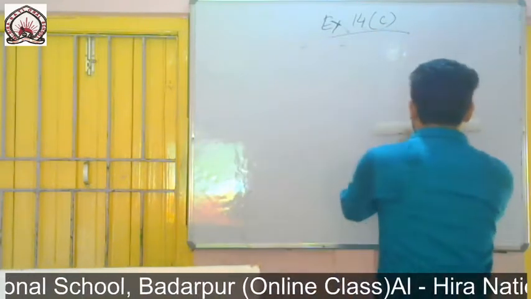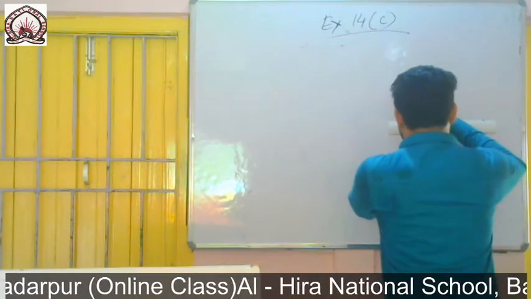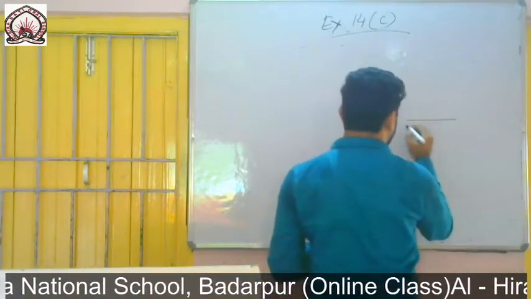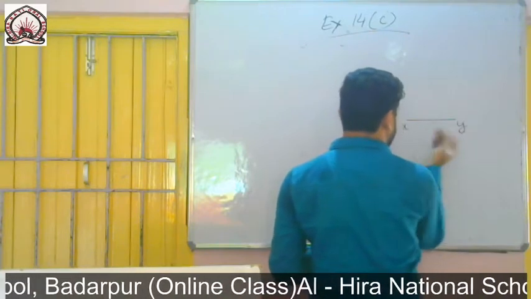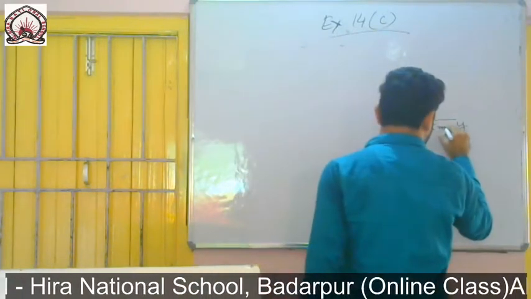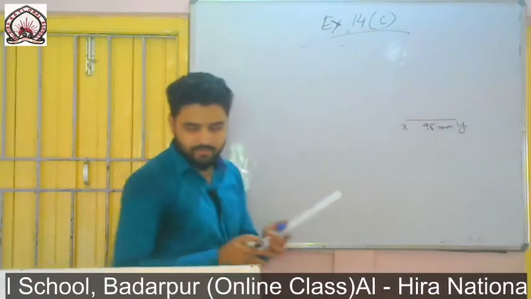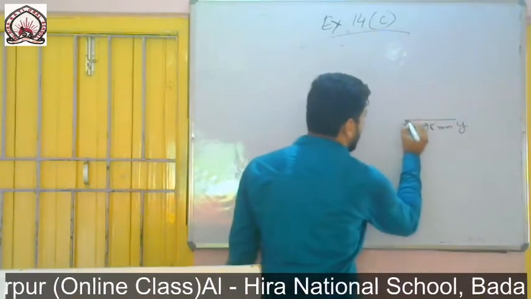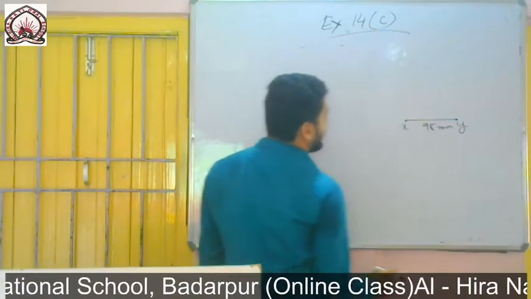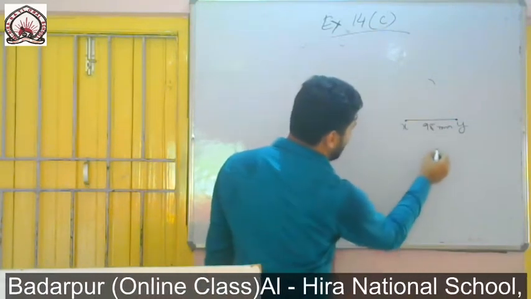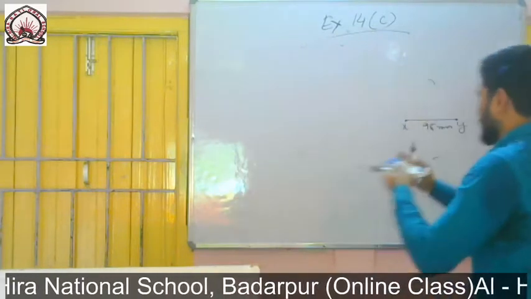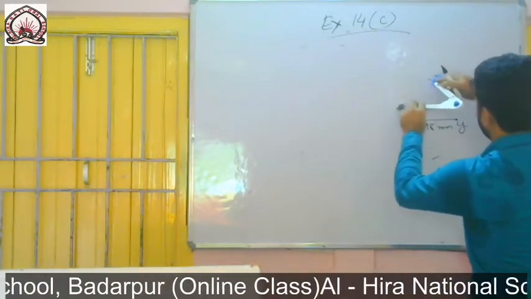Suppose this is 98 mm for my scale. You give it the names X and Y. As earlier, you place your compass needle here and draw one arc here and one arc here.